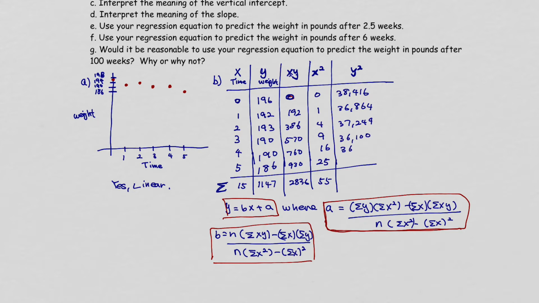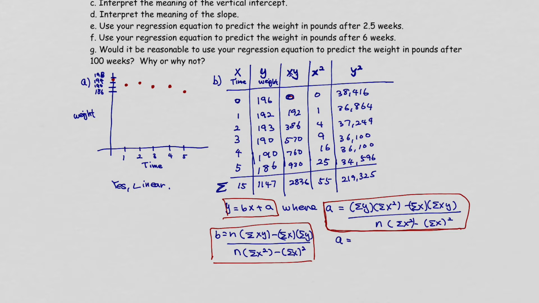Same thing on the bottom. And then 186 squared will be 34,596. And we add them up, we get 219,325. So with that number, let's see if we can find A first, right?